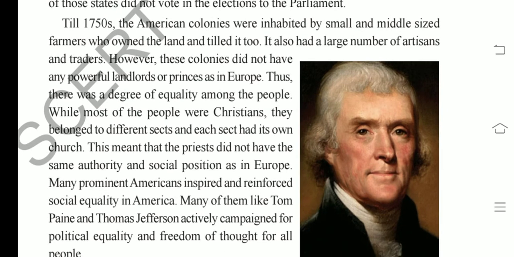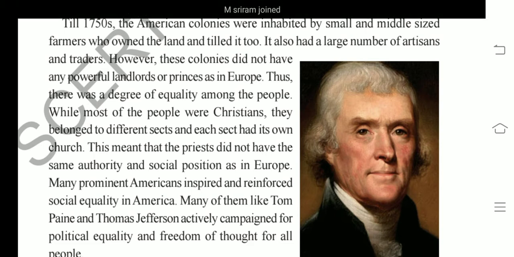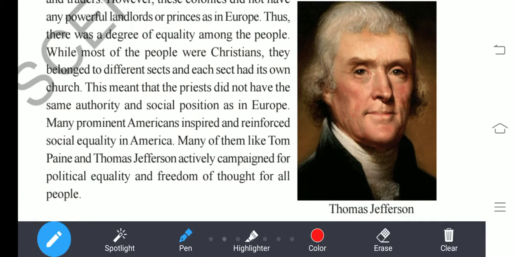Many important Americans were inspired by social equality in America, understand? The people who settled in America were inspired by social equality. Look at some important persons: Tom Paine, Thomas Jefferson. Look at the picture of Thomas Jefferson.